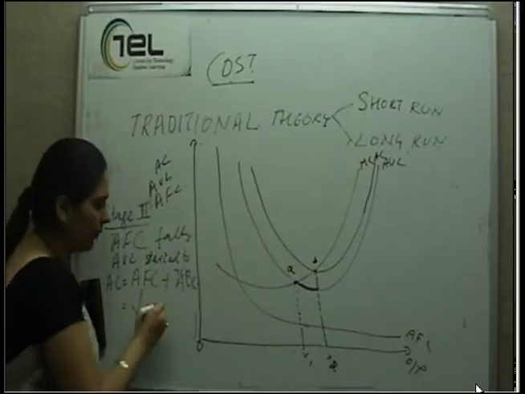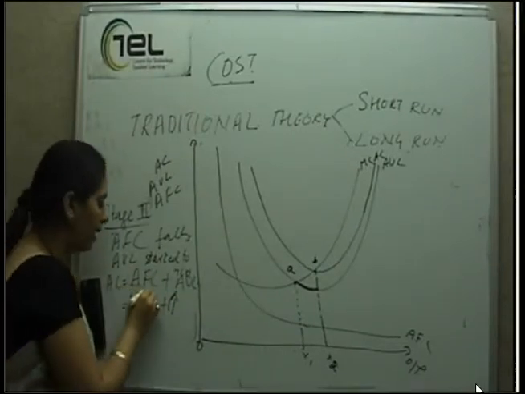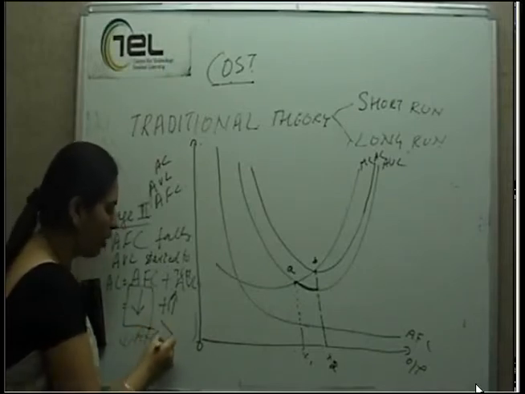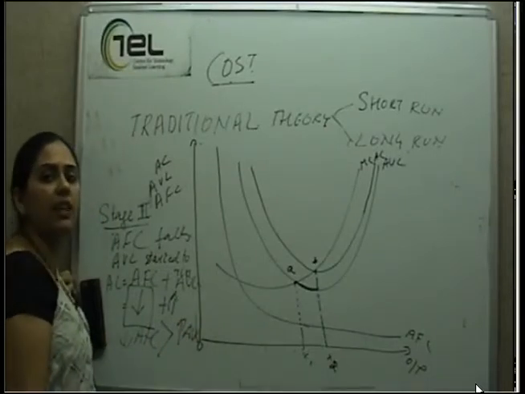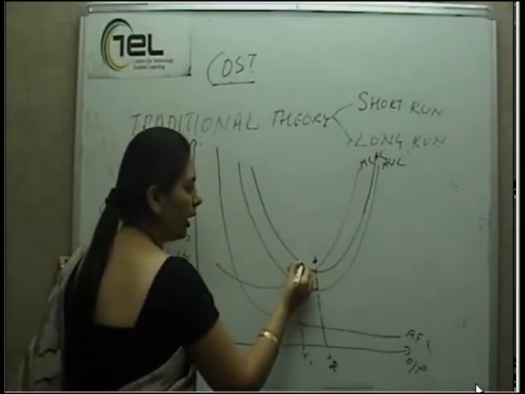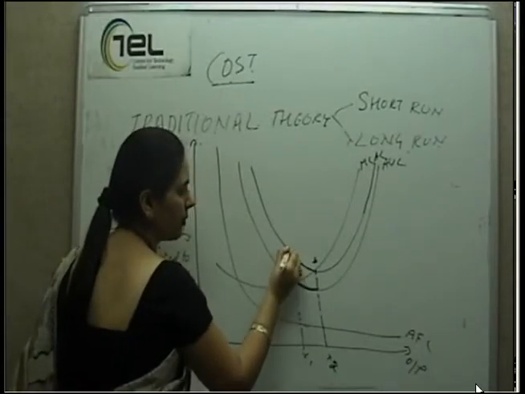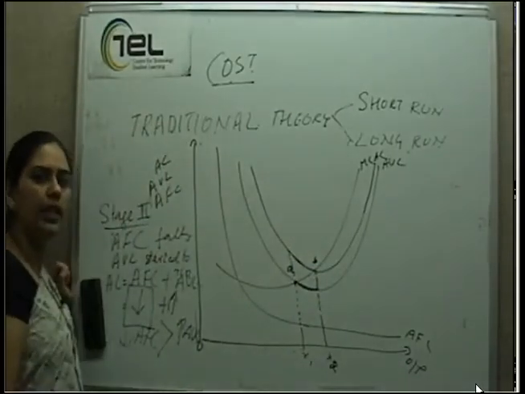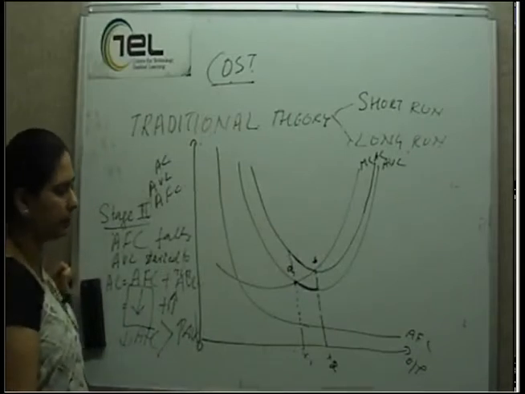AFC is falling and AVC has just started to rise, but the impact of the fall of AFC is more than the rise of AVC. Therefore, my AC would keep on falling between A and B. This A I can extend till here so that it becomes more clear. So my AC would keep on falling since the impact of AFC is more than AVC.